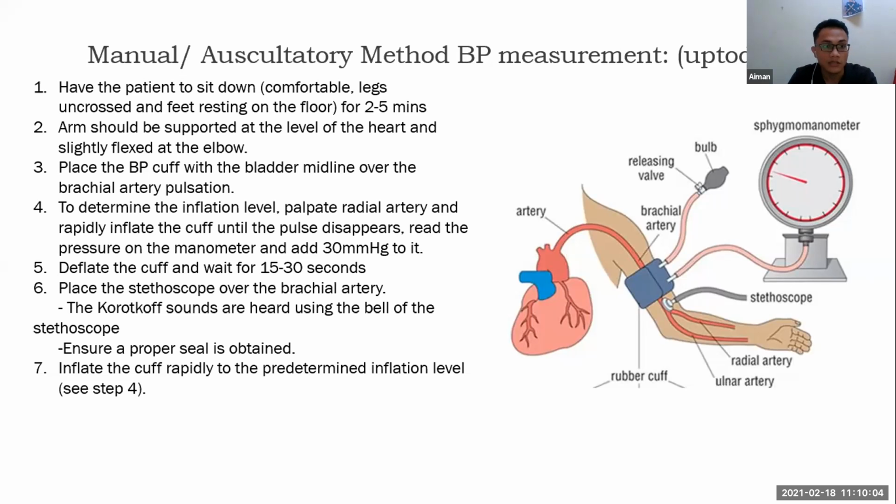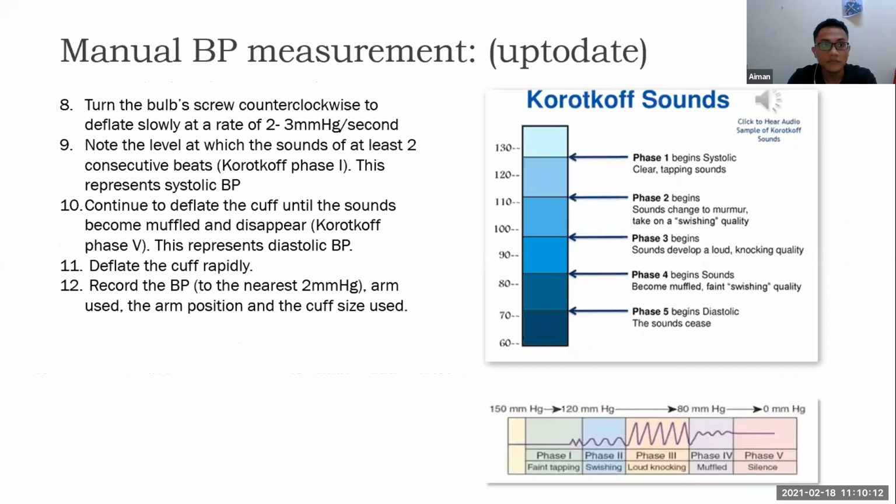The next step is to inflate the cuff rapidly to the predetermined inflation level. And then we turn the bulb screw counterclockwise to deflate slowly at the rate of 2 to 3 millimeters of mercury per second.